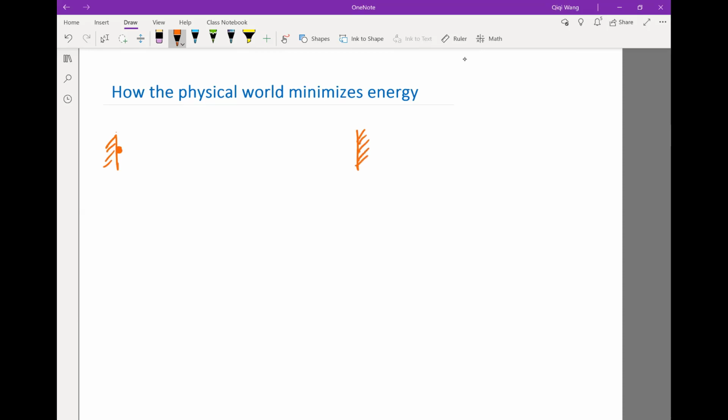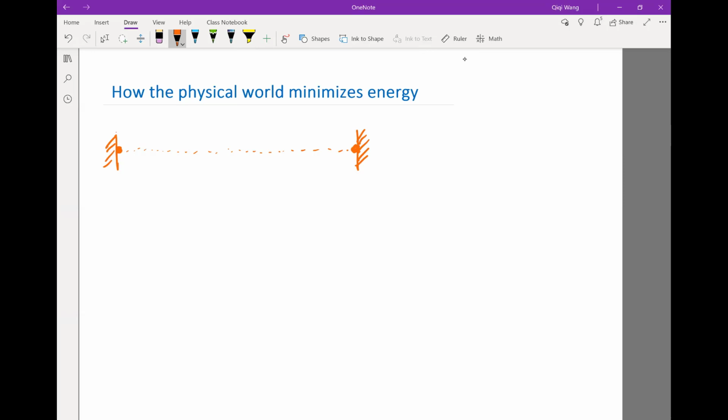The other side of the string is anchored over here on another wall. When the string is not loaded, that means nothing hangs on the string. Also, suppose the string doesn't have any weight by itself. The string doesn't have any stress on it, and it's just a straight line. That's when nothing hangs on it.